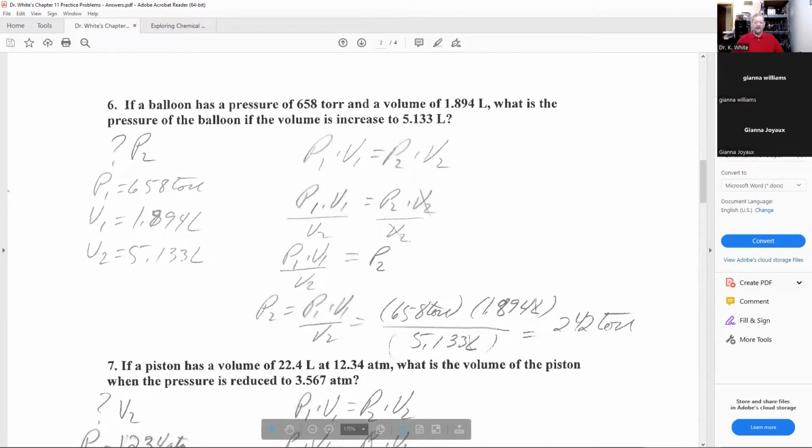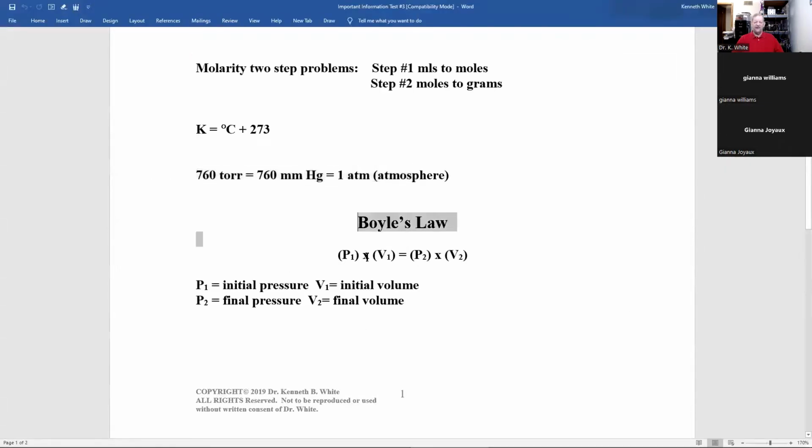Now, let's once again look at important information, quiz number 3. If you notice right here, I will give you at the end of the test an important information, quiz number 3, Boyle's law. P1 times V1 equals P2 times V2.